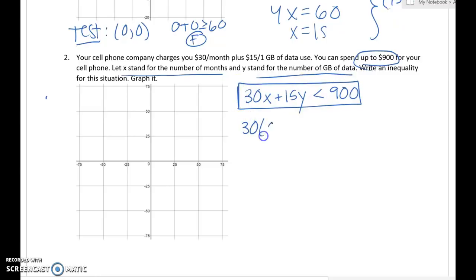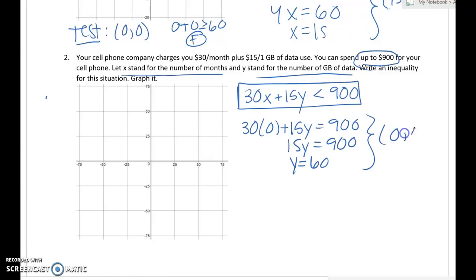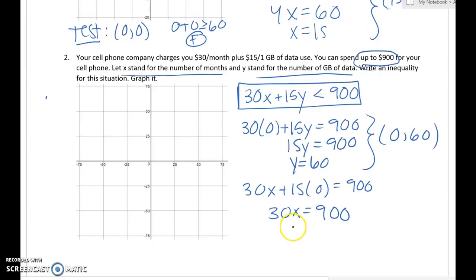So 30 times 0 plus 15y equals 900. So 15y equals 900. Y equals 60, leaving us with a y-intercept of 0, 60. If we find the x-intercept, 30x plus 15 times 0 equals 900. 30x equals 900, and x equals 30.